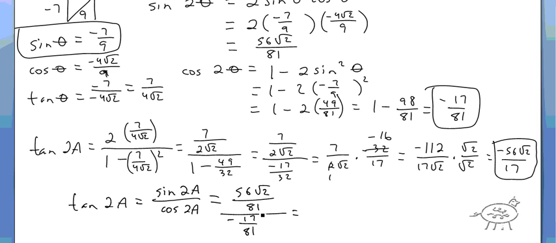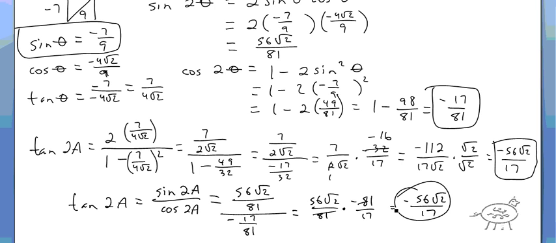Well, the beauty of this is we have the same denominator. So it's 56 root 2 over 81 times the reciprocal, negative 81 over 17. They cancel and we get negative 56 root 2 over 17. Wow, that was a ton faster. Okay, so that probably helps out a lot, just recognizing that identity.